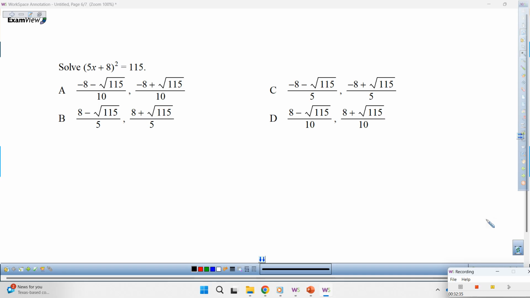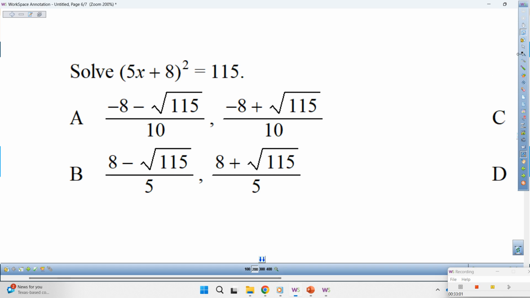So write your next problem, write multiple choice number 1. Copy this. Solve, parentheses, 5x plus 8, close parentheses, squared equals 115.